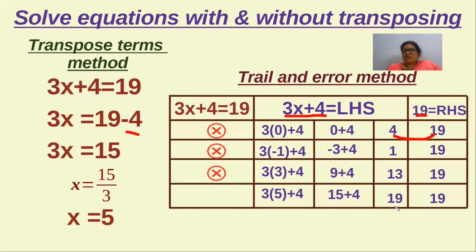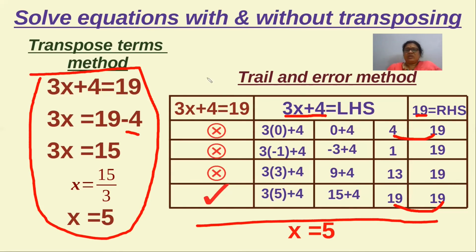Are both equal? Yes, we got it. Here 19, here 19. So this is absolutely correct. So what should be there in place of x? There should be 5. So 5 will be the answer. So whatever method may be, the answer will be equal. Right?